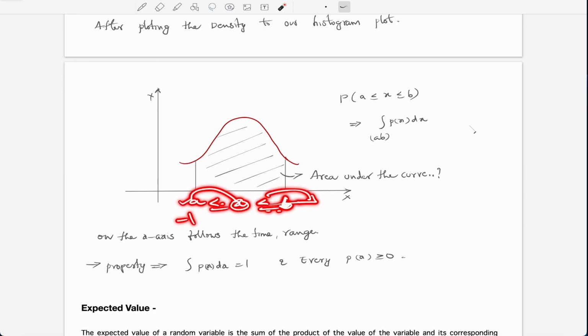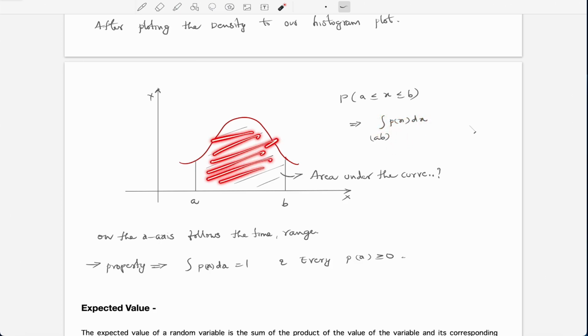We have seen an example: it is not less than -1, and it is not greater than 1. We have the integral of p of x dx, and we will find that area of the curve, which is our integration. Oh, I said the answer, but no worries.